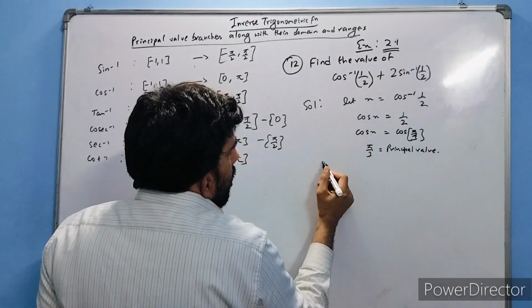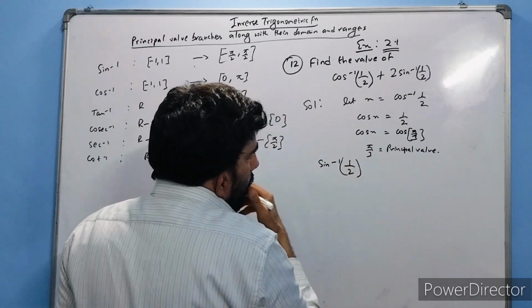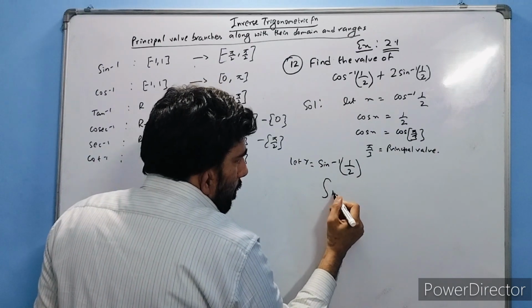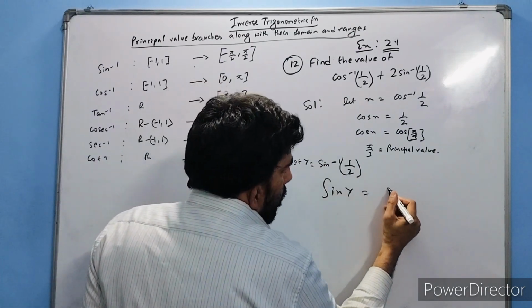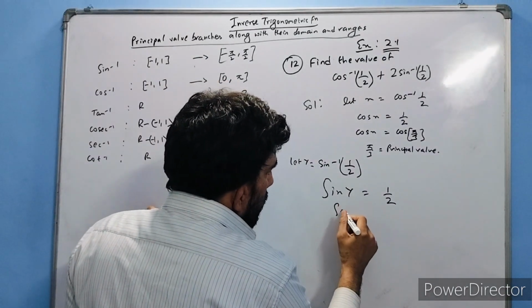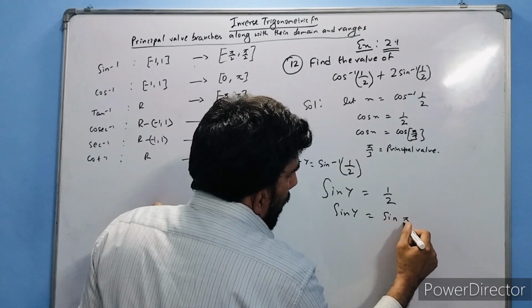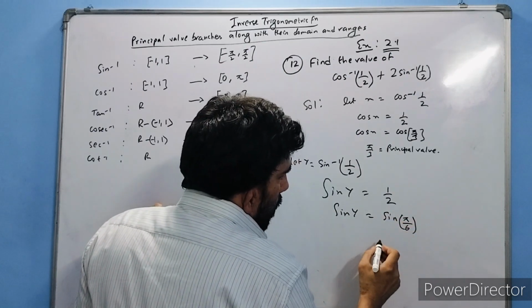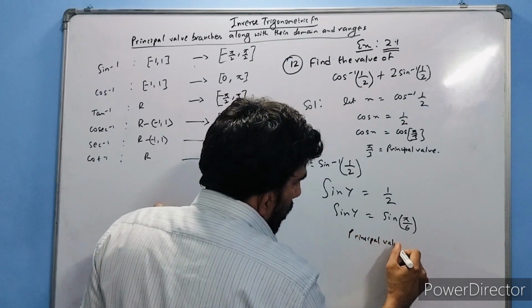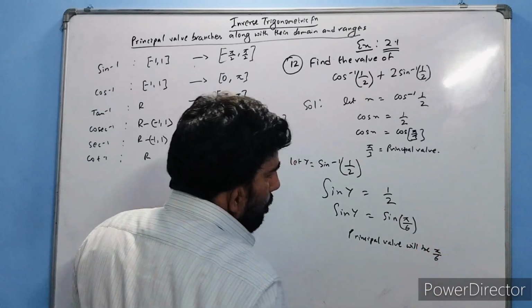Now the second one, sin inverse half. Let y is equal to sin inverse half, so sin y is equal to half, which is sin pi by 6. So its principal value will be pi upon 6.